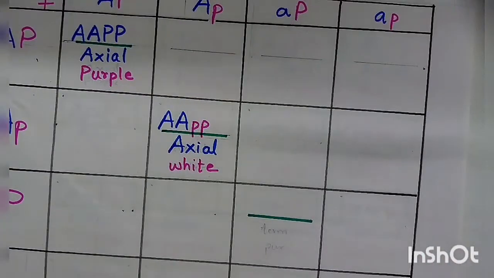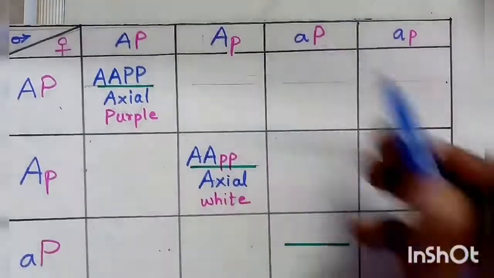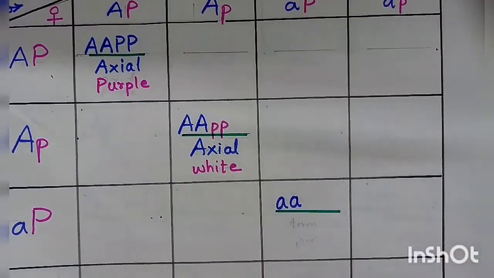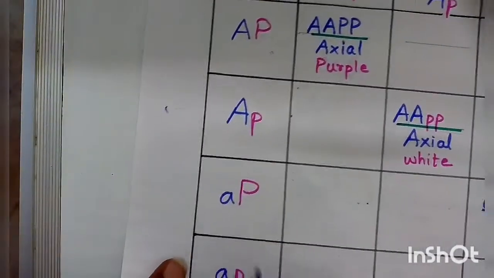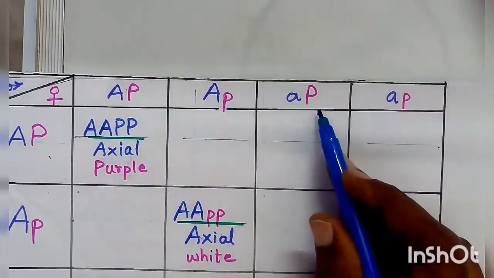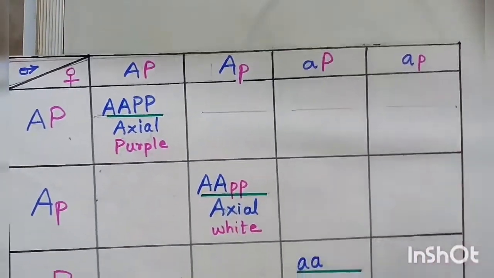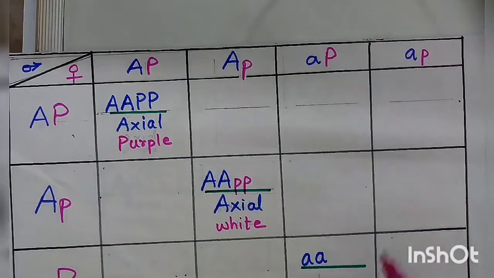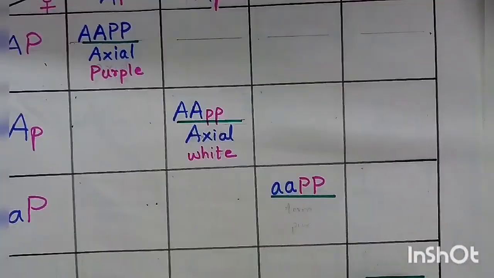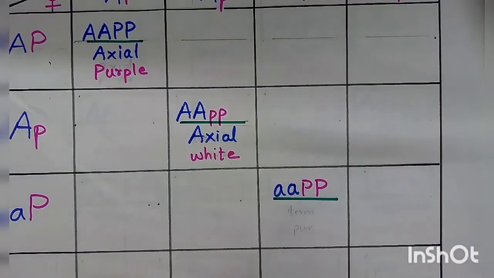Now let's see the third progeny. See, this is small a. This is also small a. So we have to write side by side, small a, small a. Then this is capital P and this is also capital P. So it will be capital P and capital P. This is the genotype.